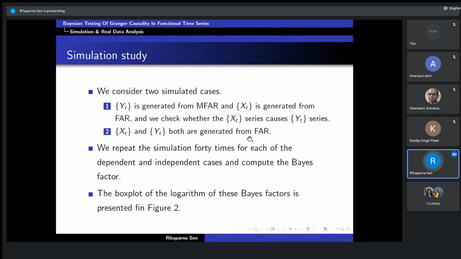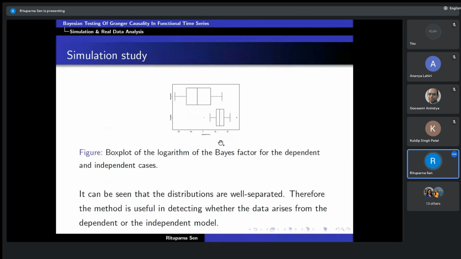And then the other one is the box plot of the cases where they're independent. You see that the distributions are quite well separated. What that means is that our test is indeed able to separate the dependent case from the independent case.